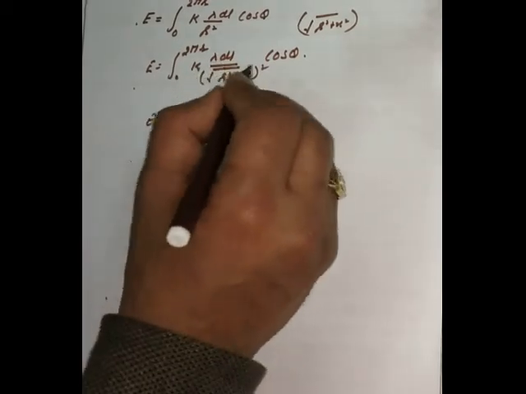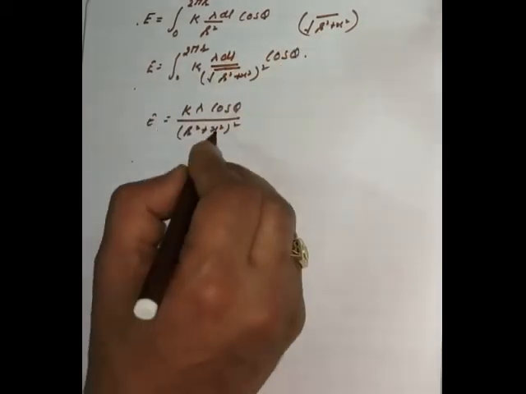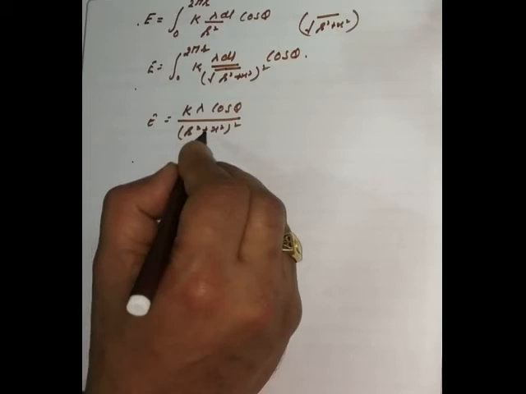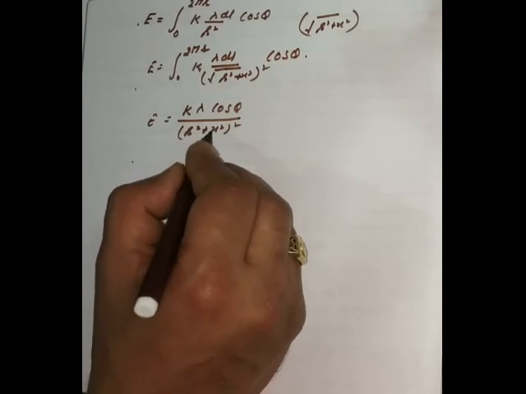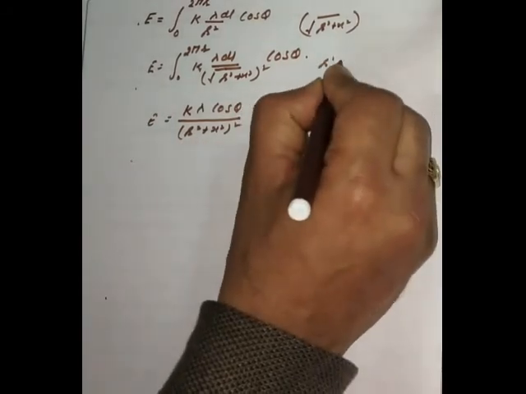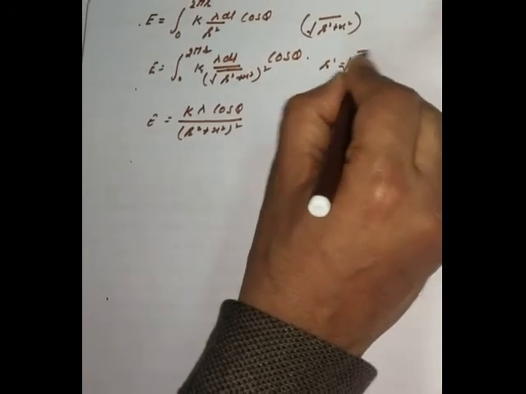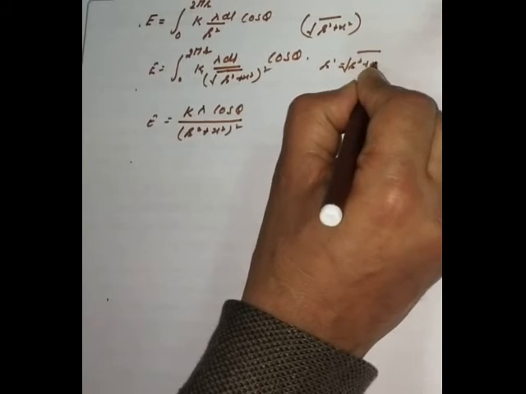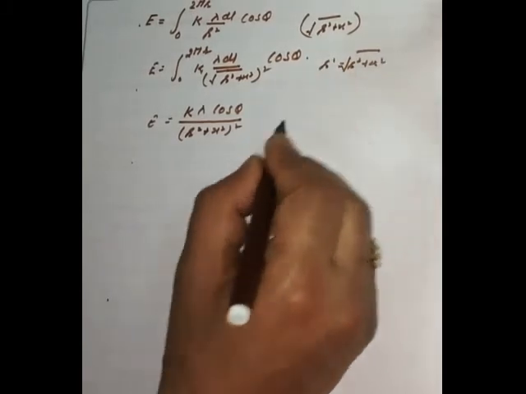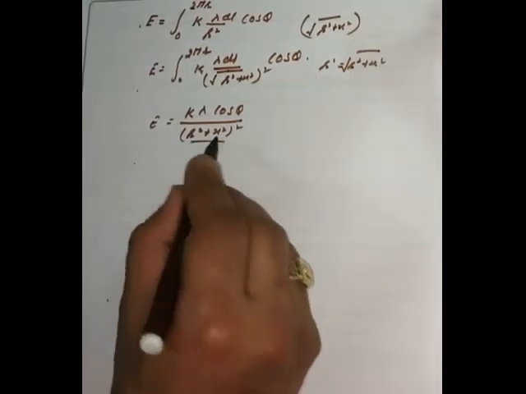You know the value of this. It will be solved out, r square plus x square under root r square equals root of r square plus x square. So when it comes out, it will become this value.